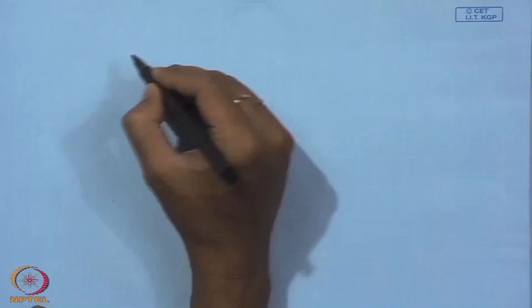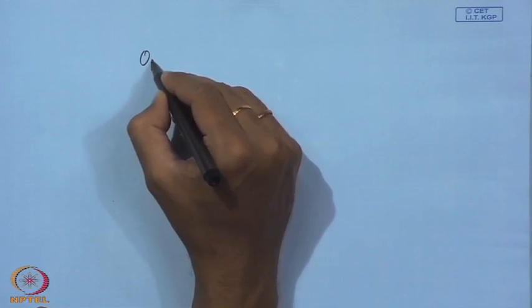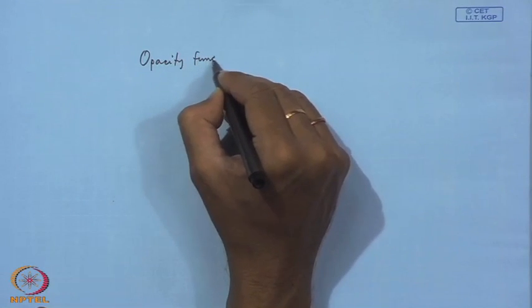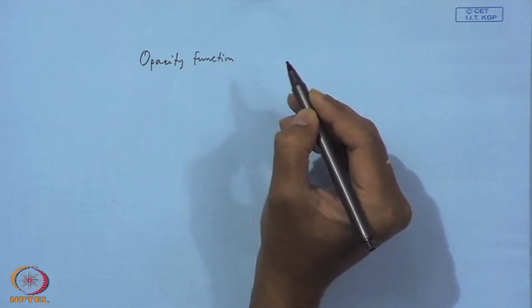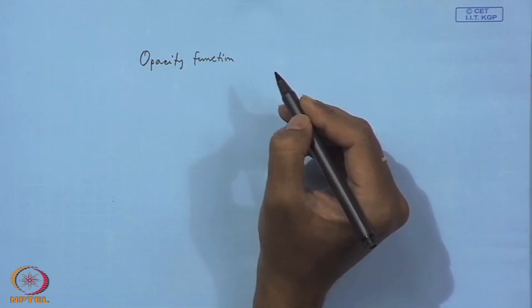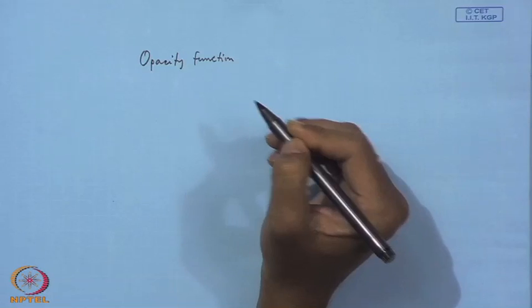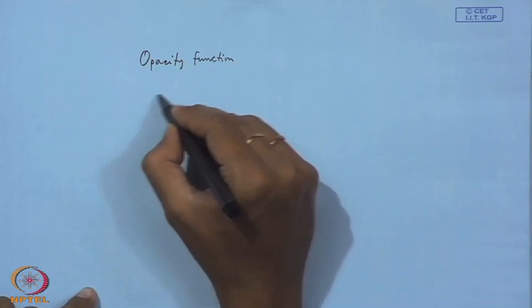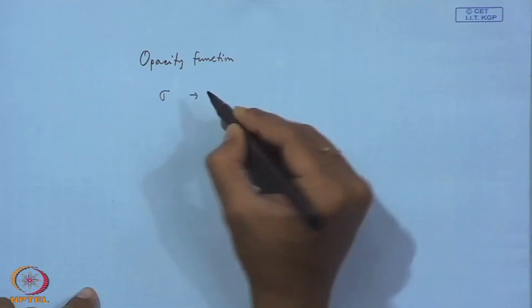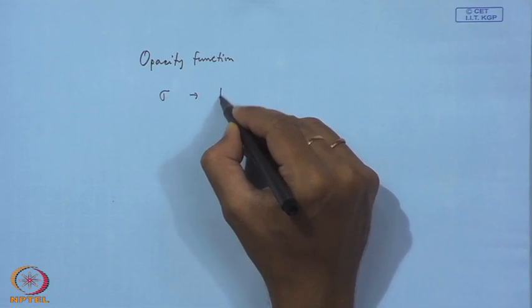Next, let us look into a simple opacity function. Now, a determination of reaction cross section cannot uniquely specify Pb. So, if you determine reaction cross section sigma, it cannot uniquely determine Pb.